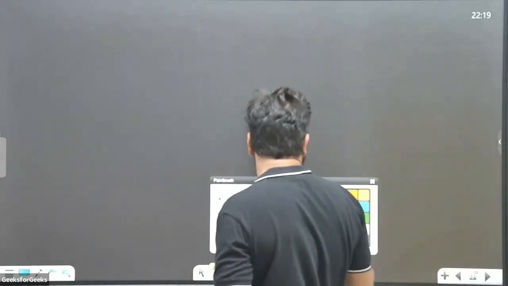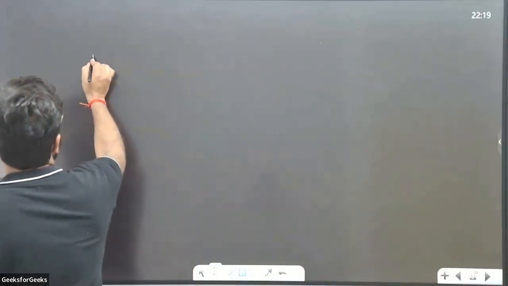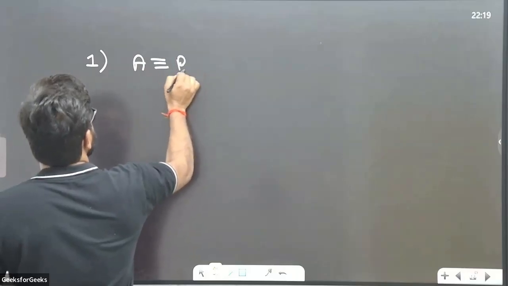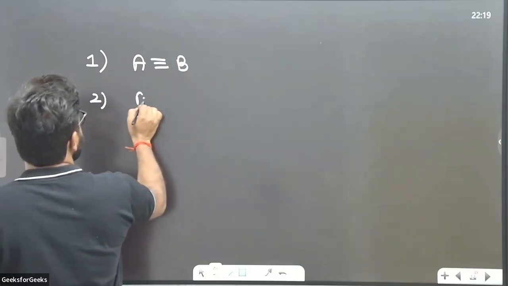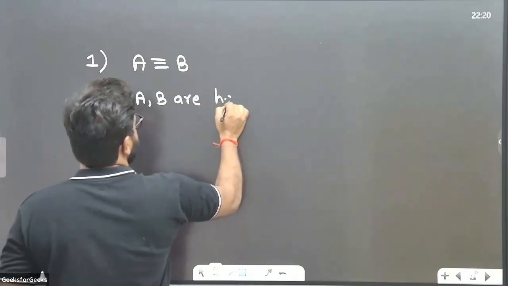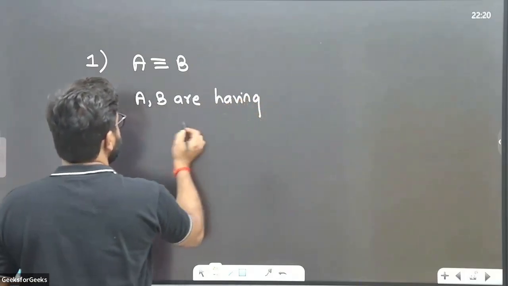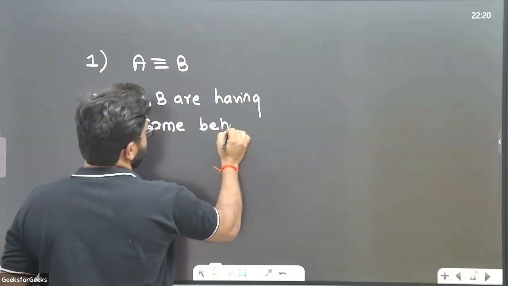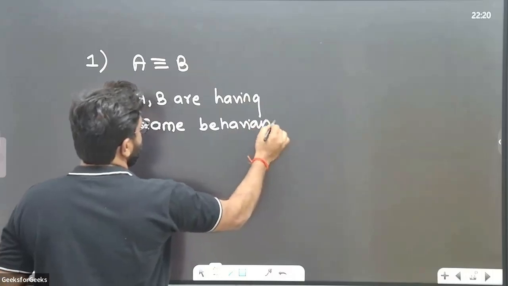So, logically equivalent has three different types of definition. First, A is logically equivalent to B. Another way of saying it is that A and B are having the same behavior.